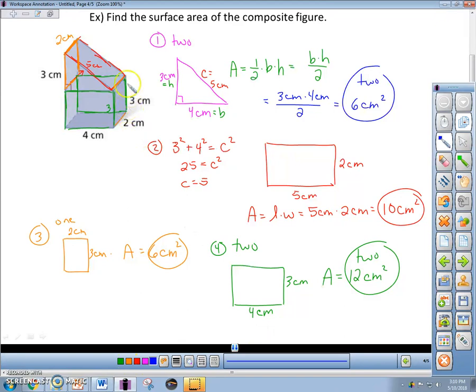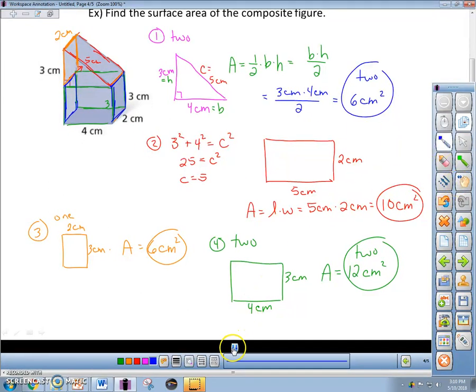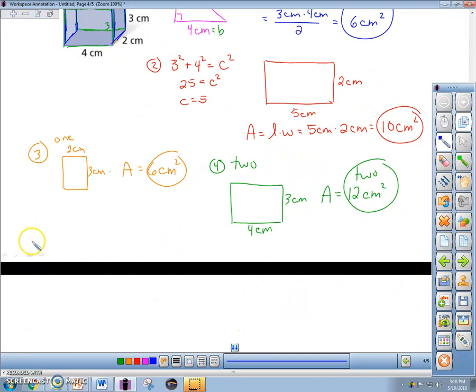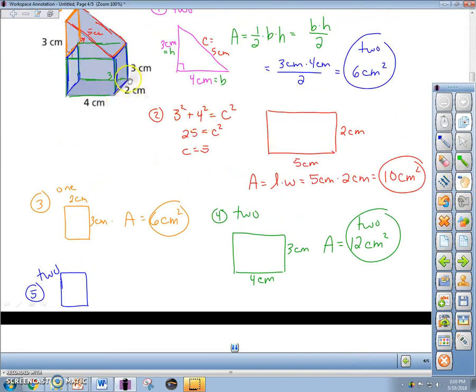And then I have this rectangle here on the right. It's on the outside, and the one on the left would have the same area. So I have 2 of those. They have dimensions of 2 centimeters and 3 centimeters.